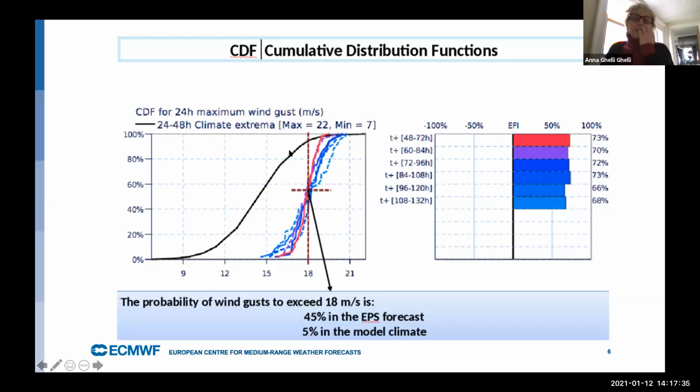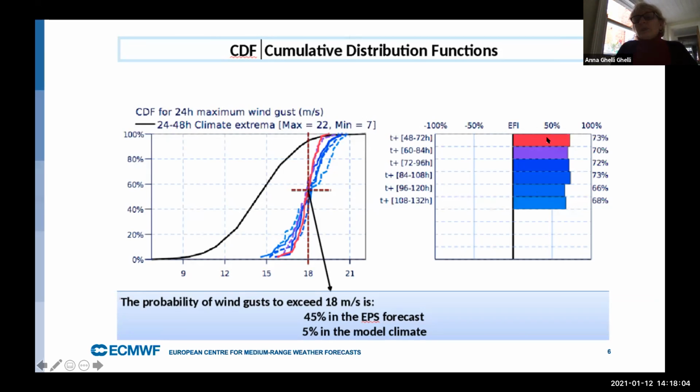So maybe your group can say something about how vertical these are. This is an example of a cumulative distribution function for the wind gust. On this side you have the CDF, on this side is a summary of the values of the EFI. This is what you will see on your map.